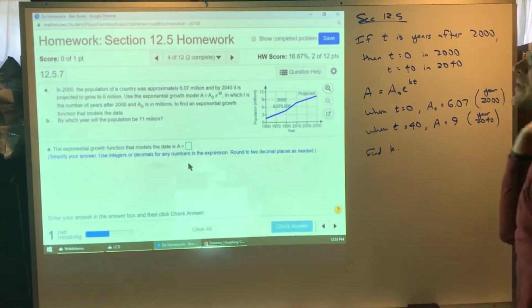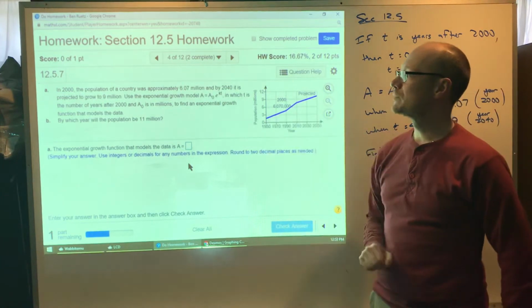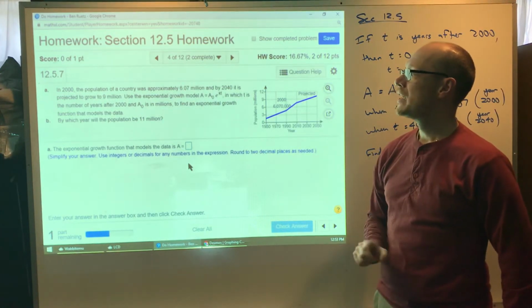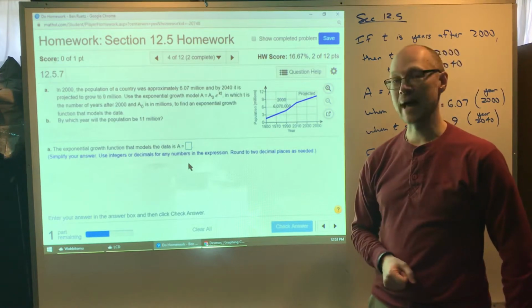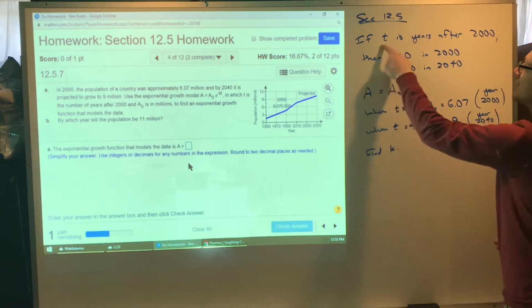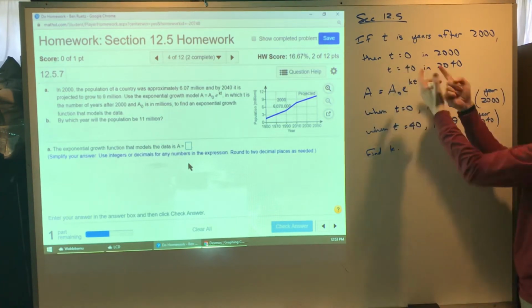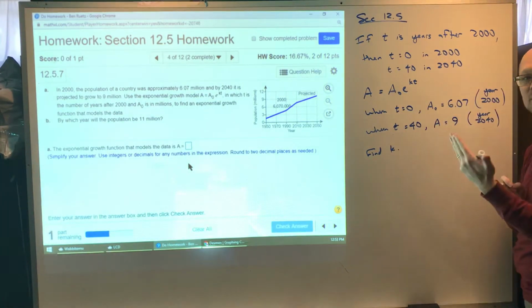And the next question is this one here. In 2000, the population of a country was approximately 6.07 million. And by 2040 is projected to grow to 9 million. Use the exponential growth model here. So t is the years after 2000. So when t equals 0, that's my y-intercept.